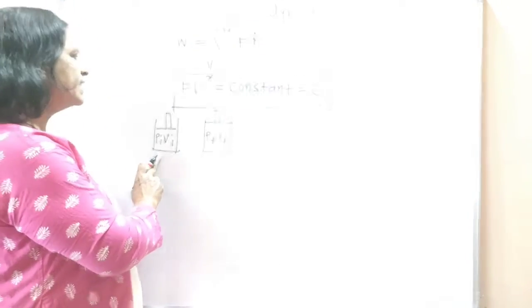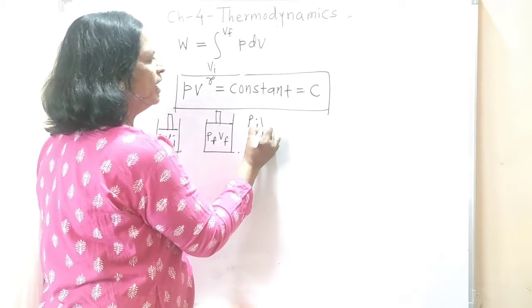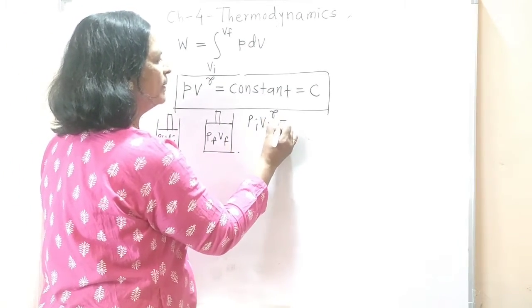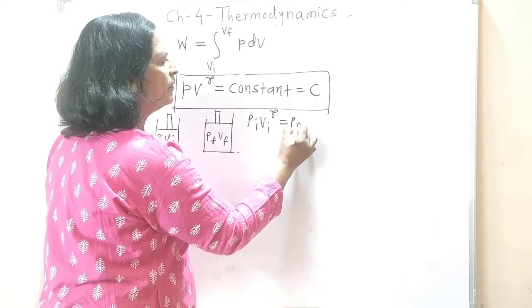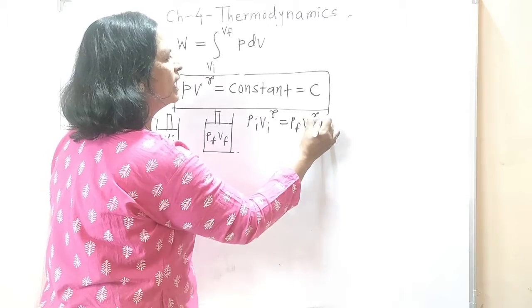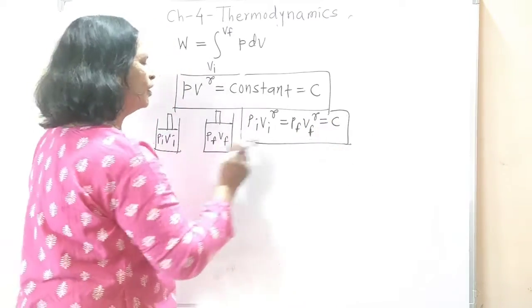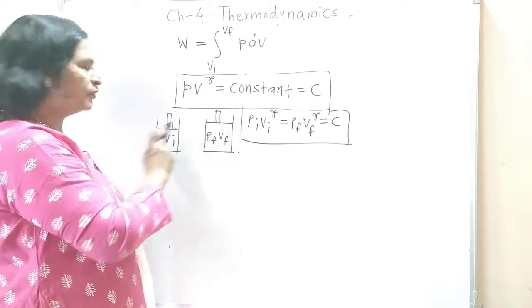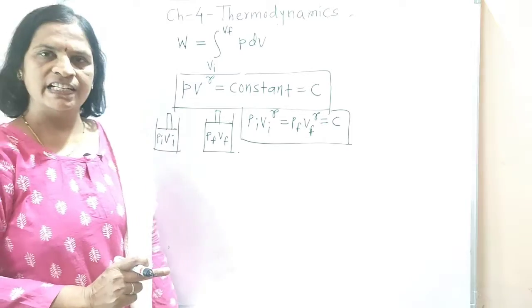Now for this case, we can write the equation of state: Pi Vi raised to gamma, and in this case Pf Vf raised to gamma, is equal to constant. This is the equation of state for the initial state, and this is the equation of state for the final state.